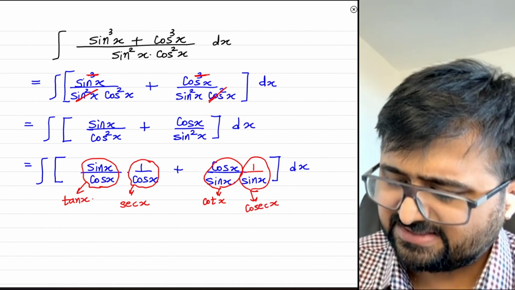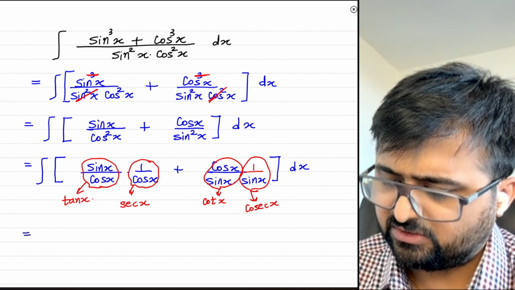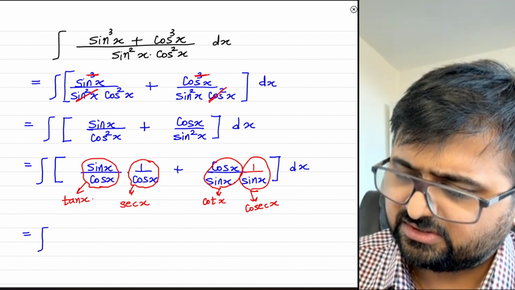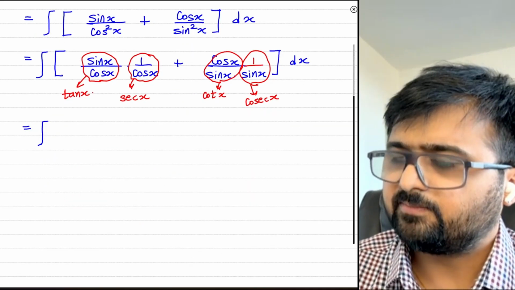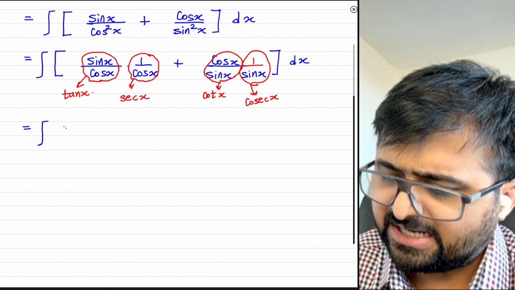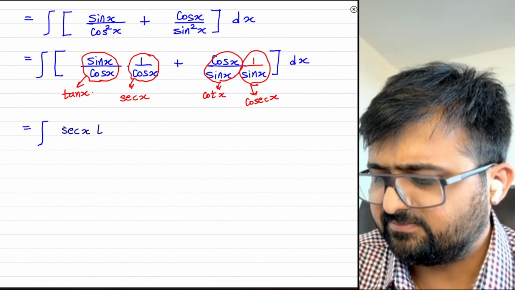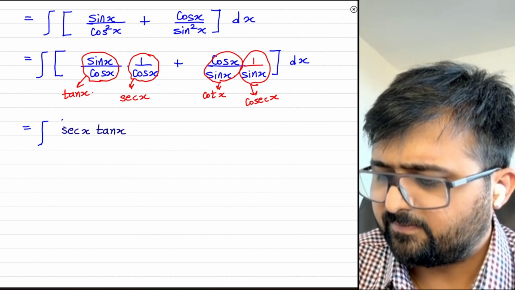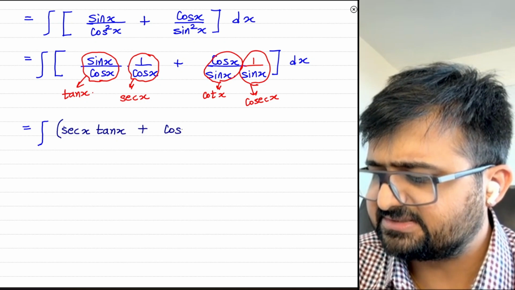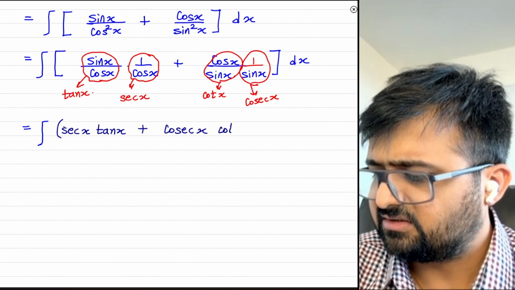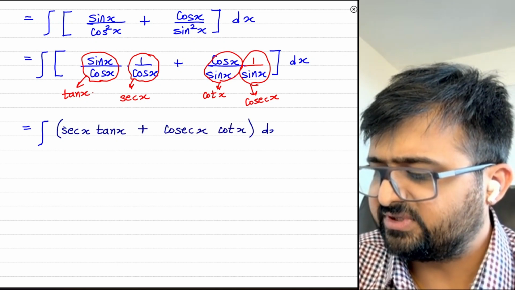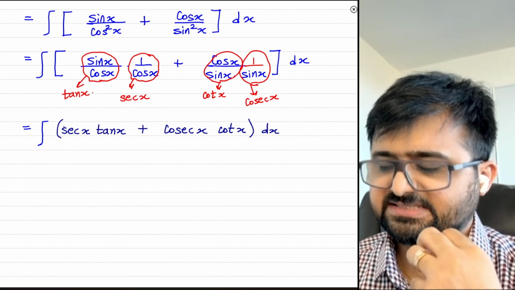So that integral at this point will look like, let me just create some space over here, sec x tan x as the first term, plus cosec x cot x as the second term, with respect to x. I hope that makes sense so far.